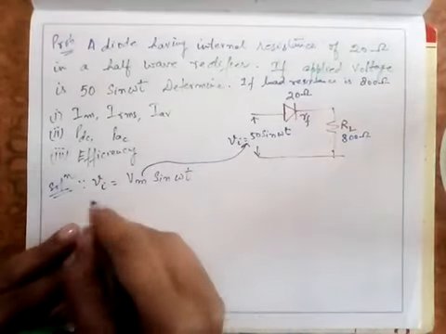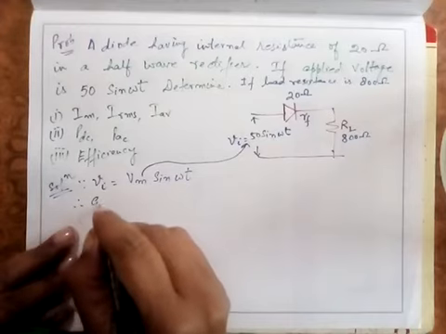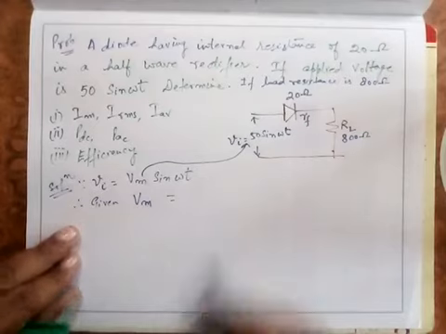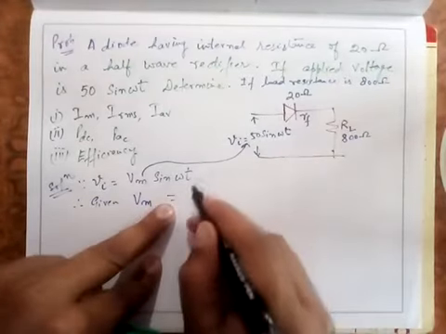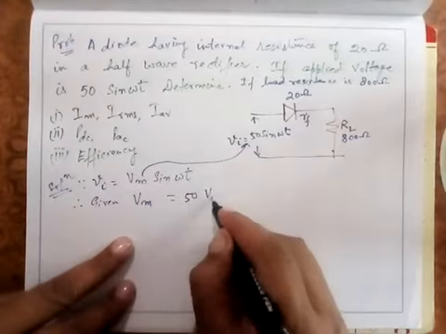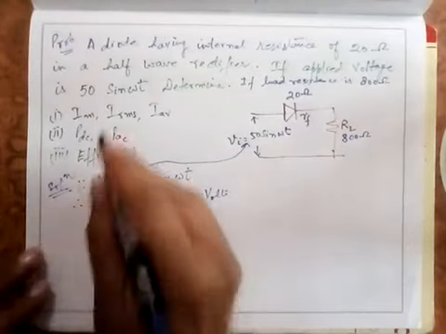So here I can say the given value of Vm is 50 volt. Next is Im.